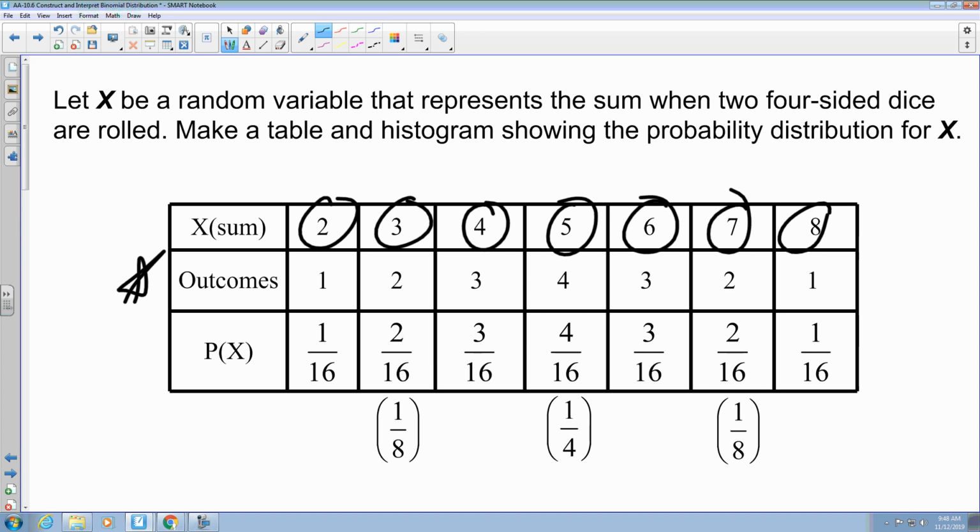So you had one outcome for 2, 2 outcomes for 3, 3 outcomes for 4, 4 for 5, 3 for 6, 2 for 7, 1 for 8. There were 16 trials, so the probability was 1 out of 16 for 2 and 8, 2 out of 16 or 1 out of 8 for 3 and 7, 3 out of 16 for 4 and 6, and then 1/4 for 5.